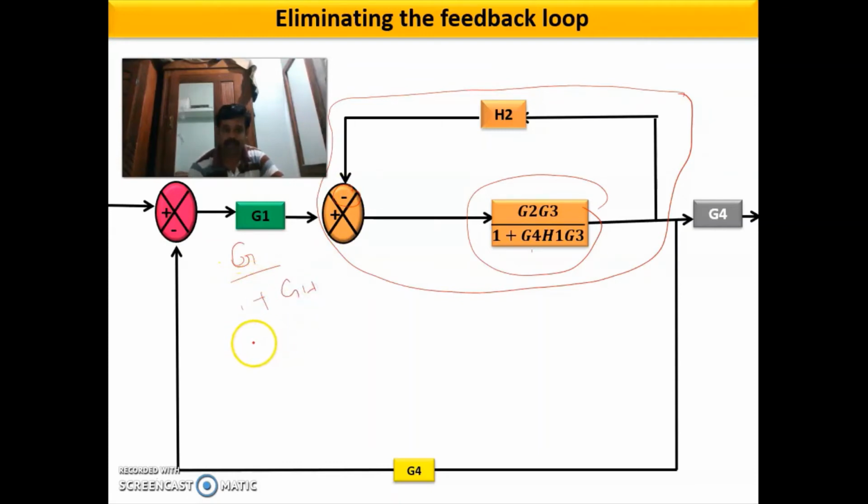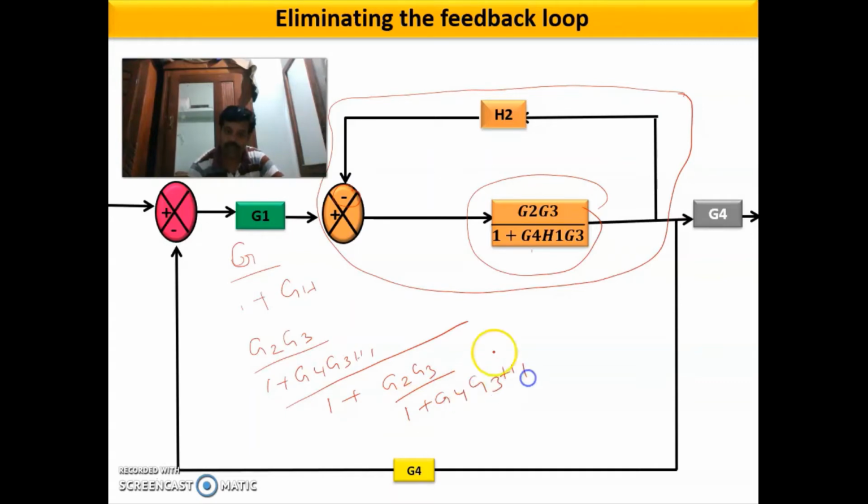So in the place of G, what you're having is G2 G3 divided by 1 plus G4 G3 H1, divided by 1 plus G2 G3 divided by 1 plus G4 G3 H1 into H2.